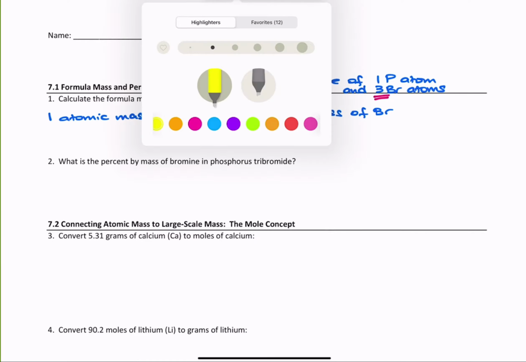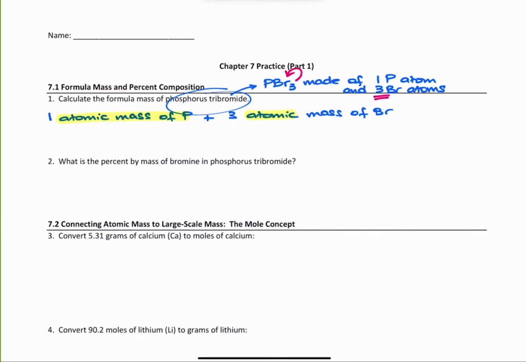This information can be found on your periodic table. So we're going to have 1 time the atomic mass of P being 30.97 U. U stands for AMU. It's the same as the molar mass in gram per mole. Plus 3 times the atomic mass of Br, 79.90 U.